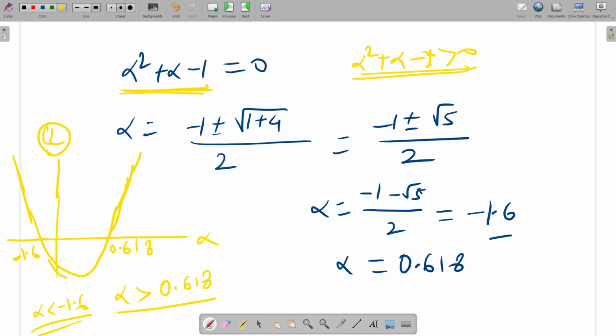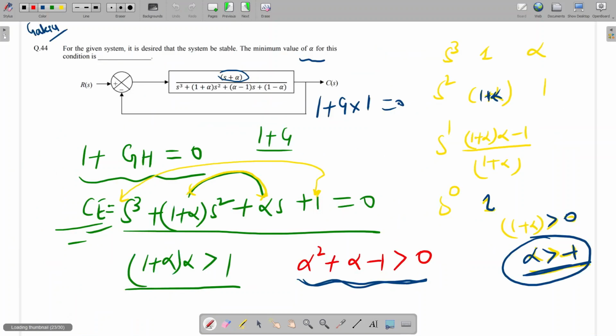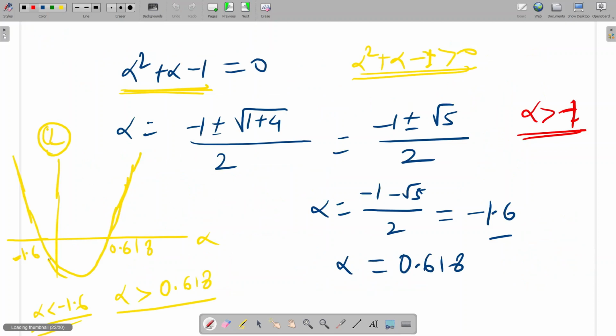But our first criteria is alpha should be greater than minus 1. That criteria should also be followed. So if we go to the region where alpha is less than minus 1.6, this will not be a stable criteria.